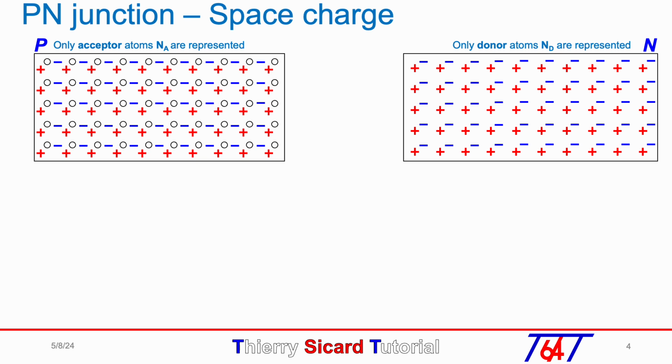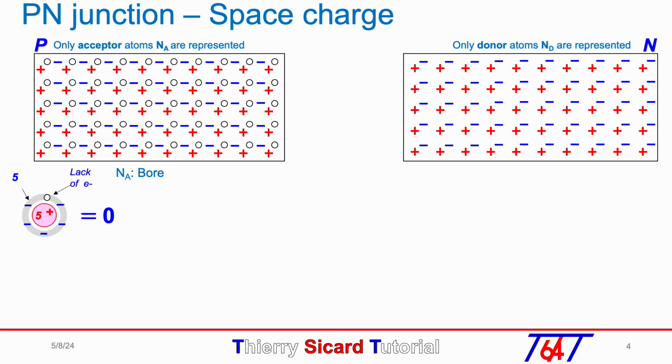For the p-doped, the red plus sign represents the 5 protons of the boron nucleus, the blue minus sign represents the 5 electrons, and the circle represents the lack of electron in the boron external shell. Of course, the electrical charge is equal to 0.